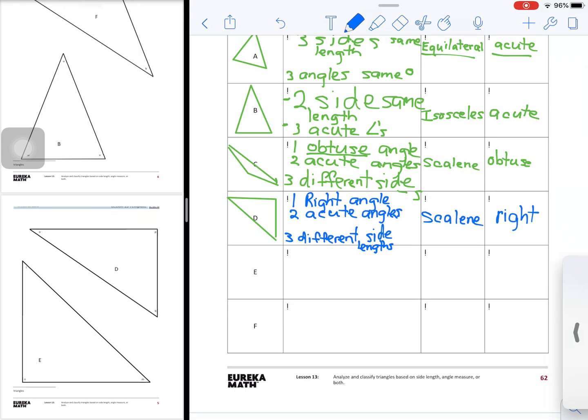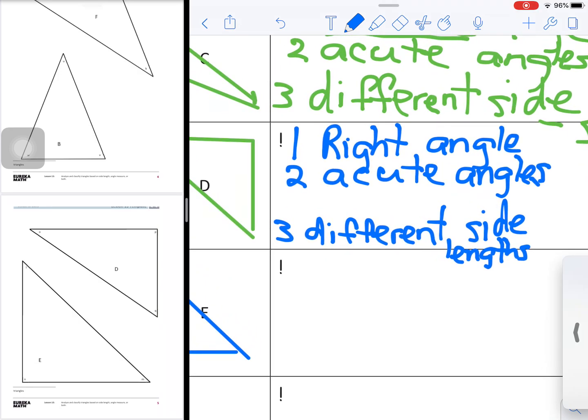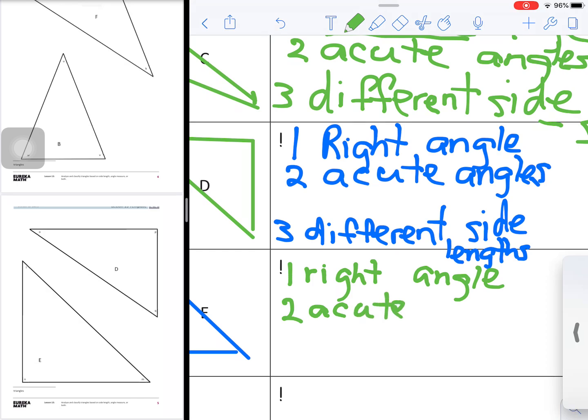Okay, what's different between that and E? Let's try and draw E really quick. Sketch it. Okay, well, you might have said it has one right angle and two acute angles, which is just like the one above.